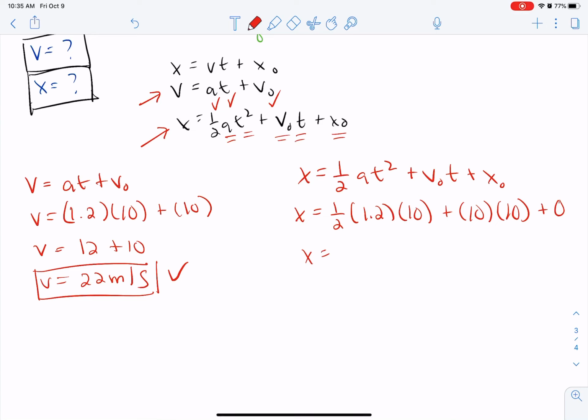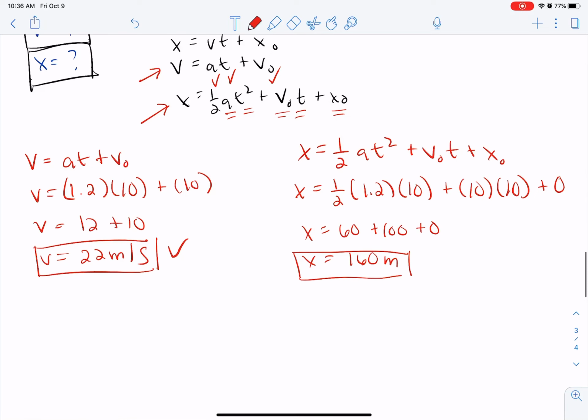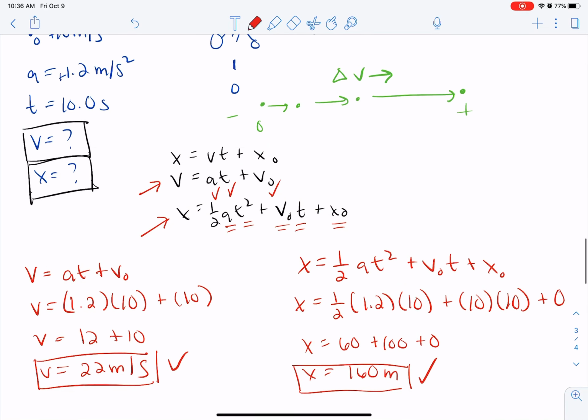Okay, so let's plug this in, we get 60 plus 100 plus 0, and that gives us 160 meters, okay, which would be your final position. Makes sense, it's in the positive direction, it is greater than a starting position, so I think this is correct, okay?